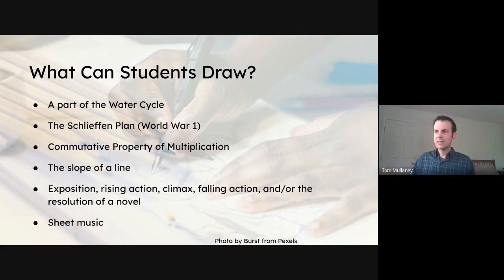I put some academic examples here, such as the water cycle or the Schlieffen plan. It's coming back. We'll refer to the Schlieffen plan again. I hope you like World War I. Slope of a line, commutative property, sheet music, parts of a novel. All these things can be drawn. And obviously we can do them analog.